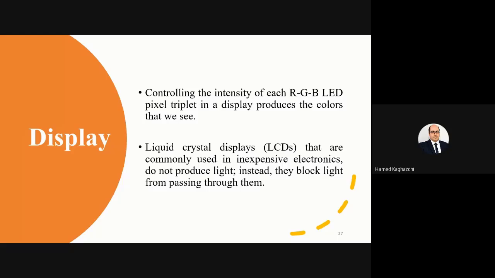Instead, they block light from passing through them. The LEDs, light emitting diodes, actually produce the light itself, each diode. But liquid crystal displays do not produce light. They block light from passing through them.